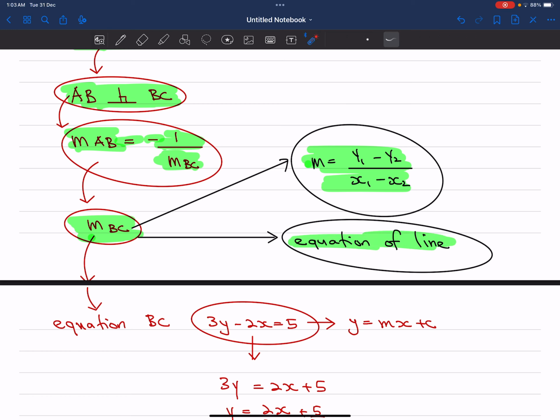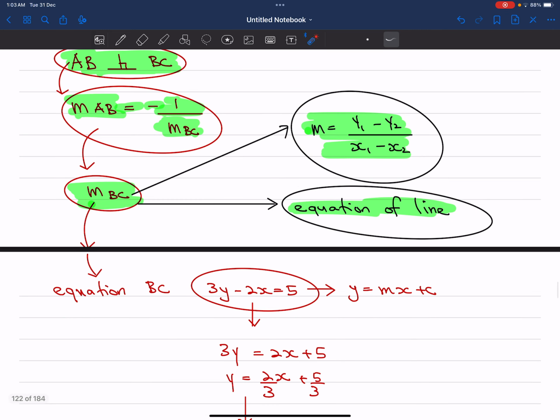So remember, to find gradient, there are two methods, either formula or from equation. Here, for BC, we are already given the equation, 3y minus 2x equals 5. To find the gradient, you must change it to the format y equals mx plus c. Then only we can get the gradient m.